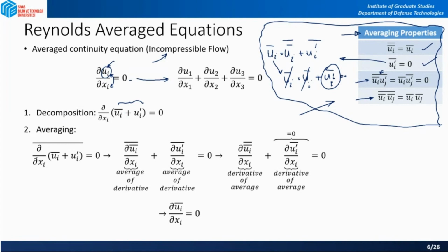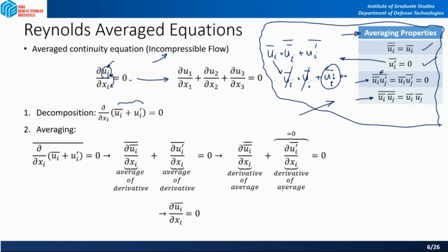So you have the average of this thing, which is equal to the average of the derivative plus again the average of the derivative, equal to 0. So the average of the derivative is equal to the derivative of the average plus again the derivative of the average.